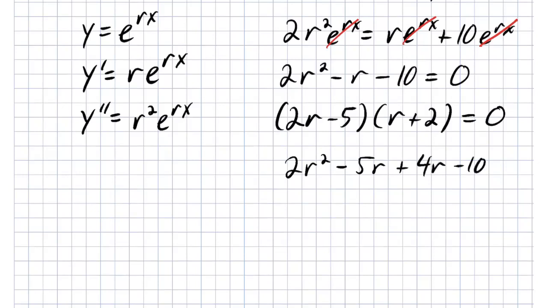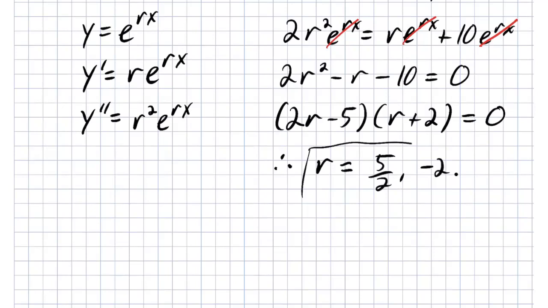Yes, that is correct. Therefore the roots, in the same order, are 5 over 2 and minus 2. And that is our final answer.